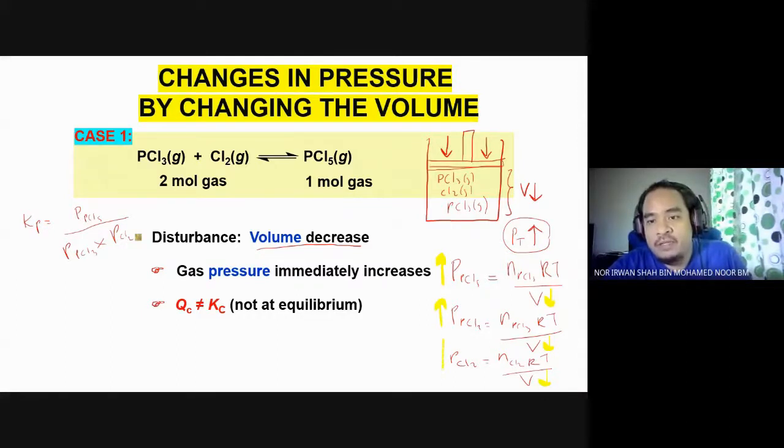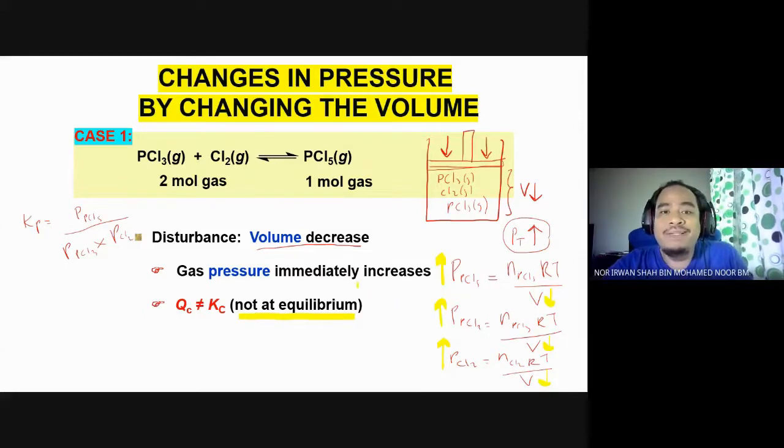And of course, when all three partial pressures are increasing, what will happen to the value of Q? Of course, Qc is not equal to Kc, and that's why the system is not at equilibrium.